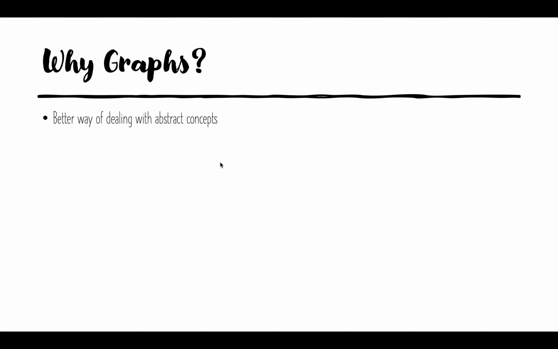First of all, graphs provide a better way of dealing with abstract concepts like relationships and interactions. They also offer an intuitively visual way of thinking about these concepts, and graphs at the same time form a natural basis for analyzing relationships in a social context.